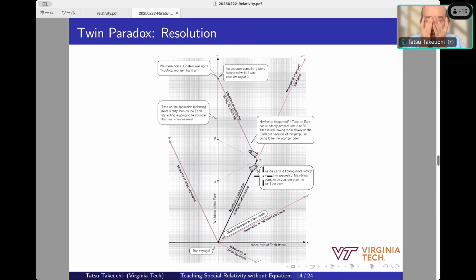I don't think you need to talk about the details of how the acceleration happens. It's just that if you accelerate, you're basically jumping coordinate systems.